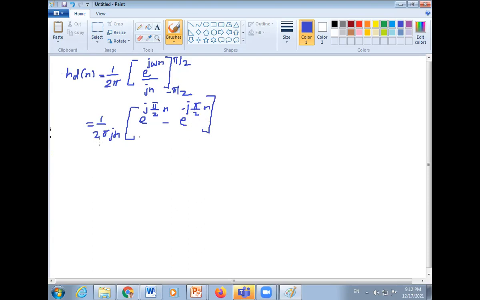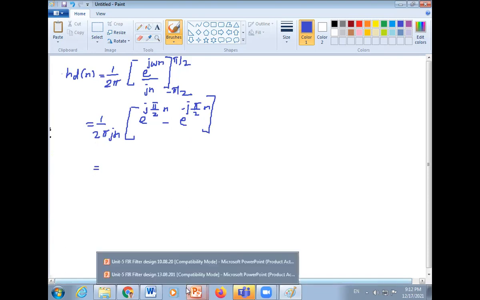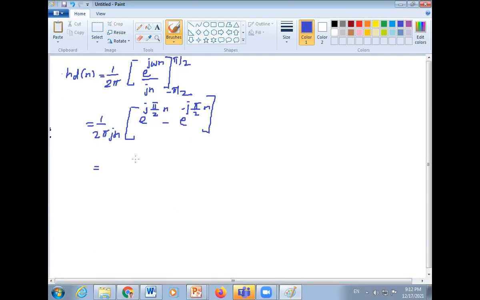We can write it as 1 divided by pi n, taking it outside the bracket, times e power j pi by 2 n minus e power minus j pi by 2 n divided by 2j, which is the same as the formula of sine theta.